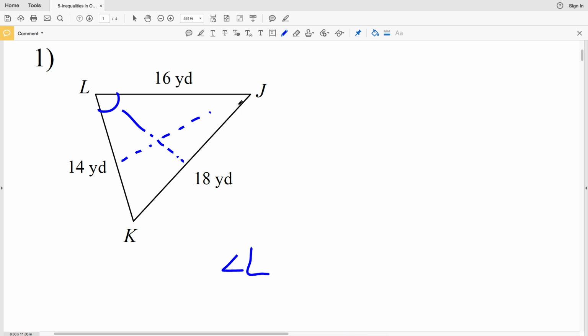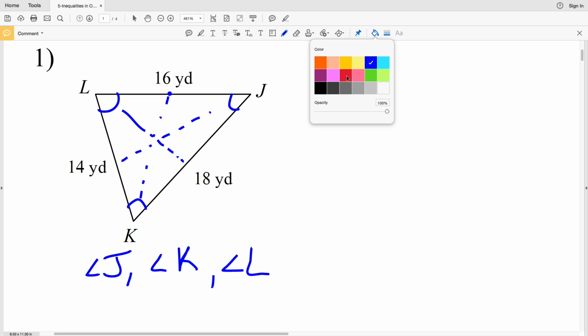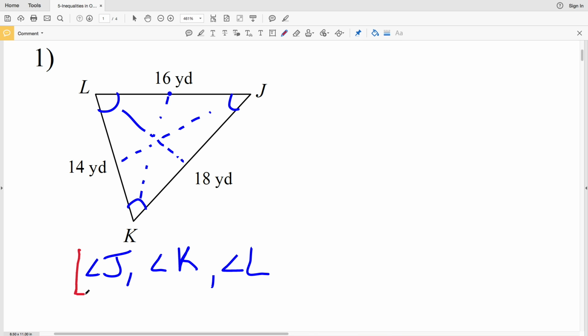So angle J is going to be our smallest angle. And the angle in between angle J and L will be angle K, since K is directly across from 16, and 16 is neither the smallest or the largest side. So for our order, smallest to largest, angle J is smaller than angle K, which is smaller than angle L.